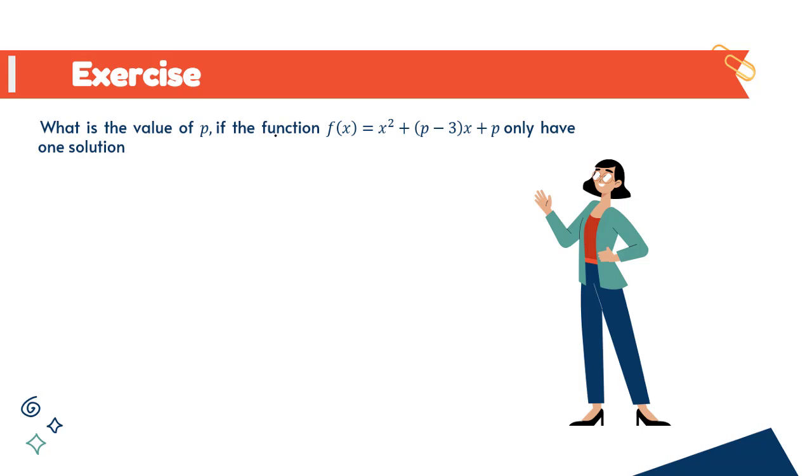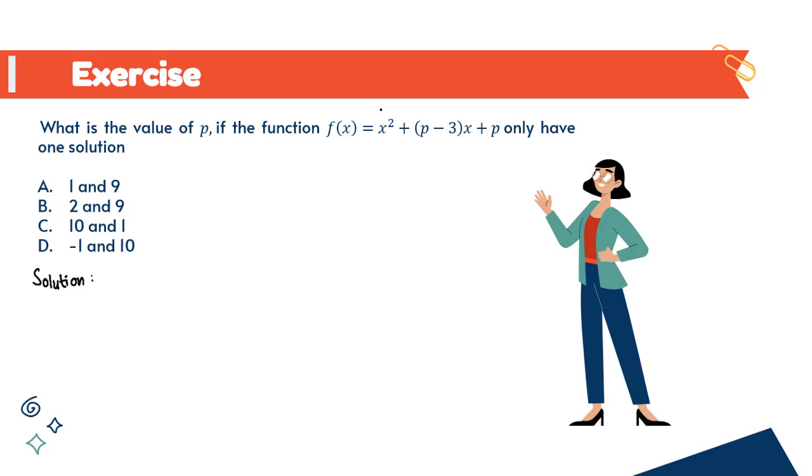And for the next question: what is the value of p if the function f(x) is equal to x squared plus (p minus 3)x plus p only has one solution? Now I will give you some time to solve this question. Now let's find the solution together.